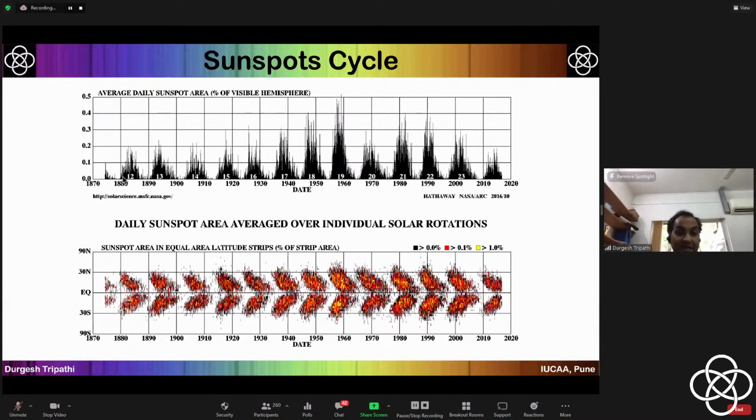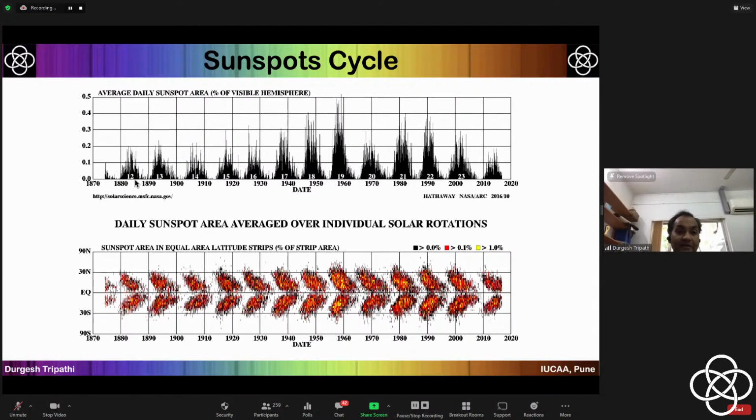So if we start at 1880, when the sun is starting its cycle, the sunspots start to appear at higher latitude, around 30 degrees, 40 degrees towards the north, and at the same time in the south. Then as the cycle progresses, they migrate towards the equator, both of these.